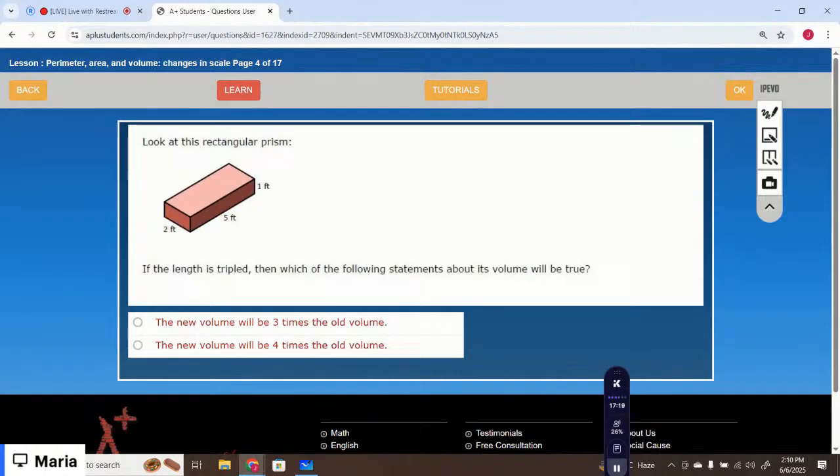Look at the rectangular prism. If the length is tripled, then which of the following statements about its volume will be true? So which is the correct option?